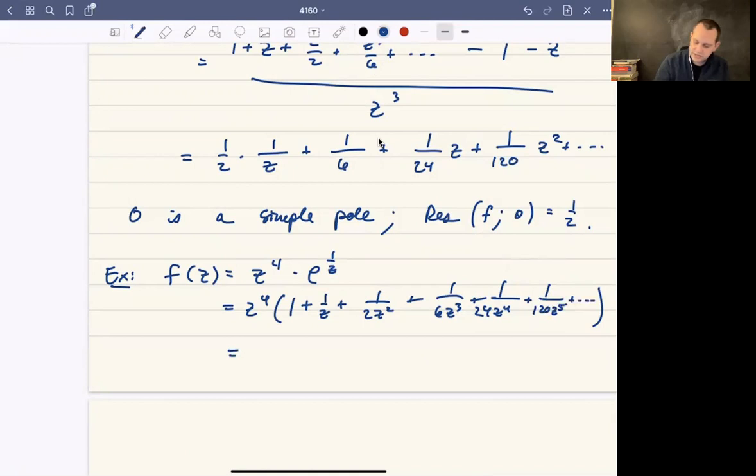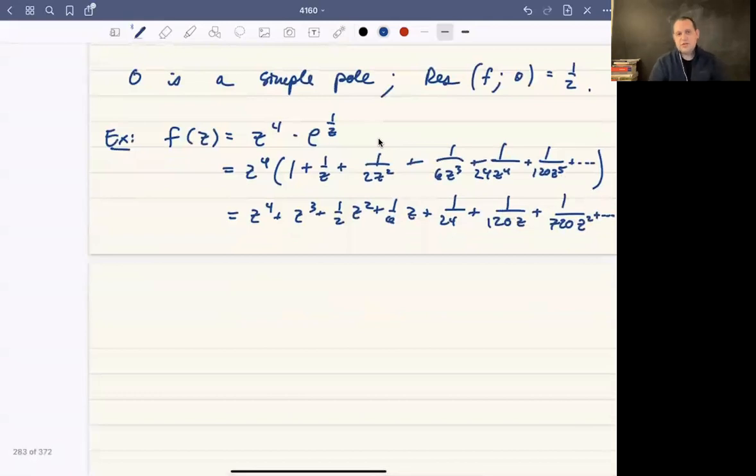It turns out that this is going to be z to the fourth plus z cubed plus 1/2 z squared plus 1/6 z plus 1 over 24 plus 1 over 120 z plus 1 over 720 z squared, and so on.